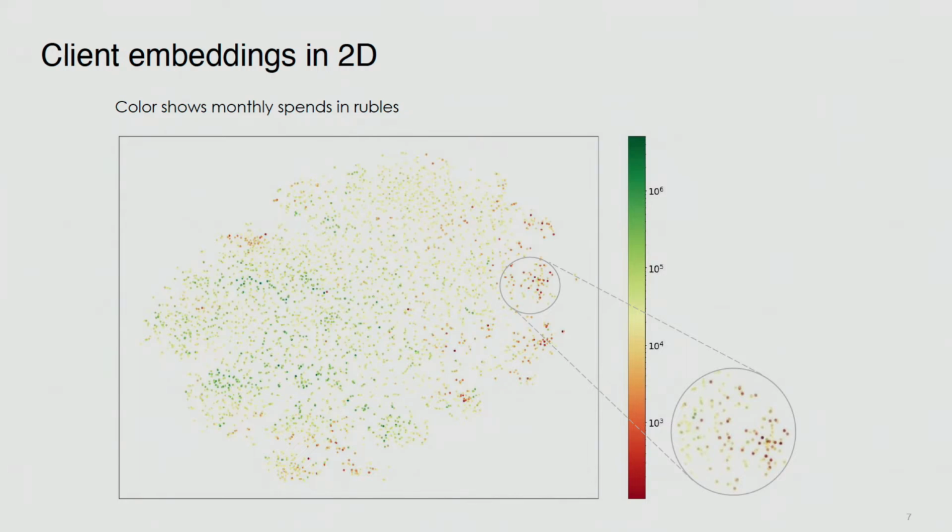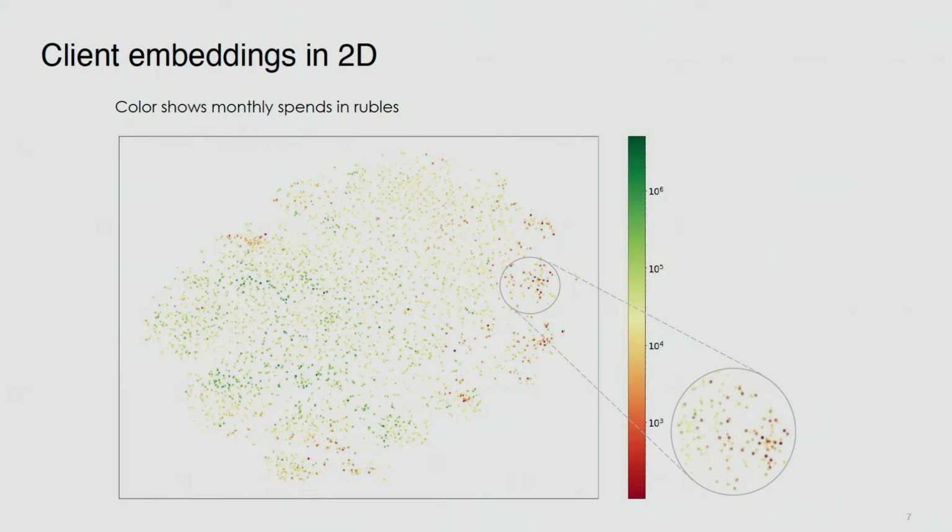Let us have a look at how our embeddings are represented. It is a 2D representation. These are embeddings for card transactions and payments.